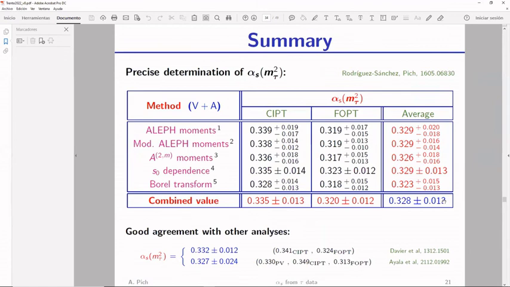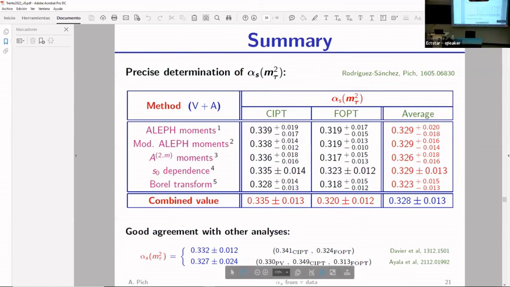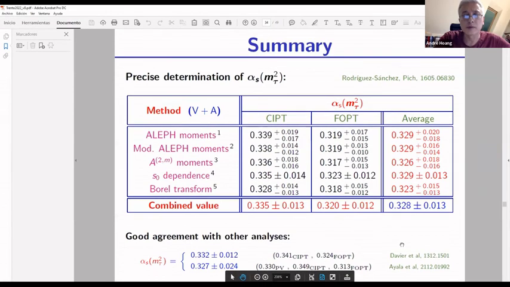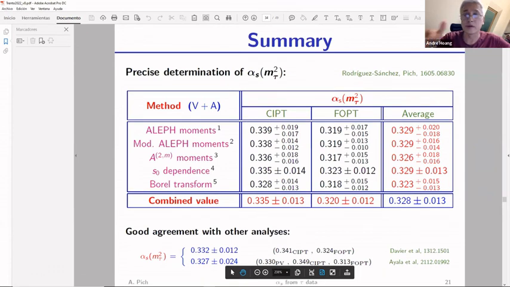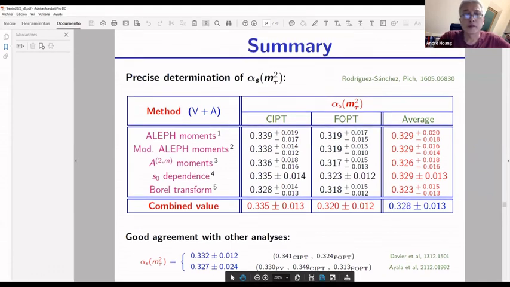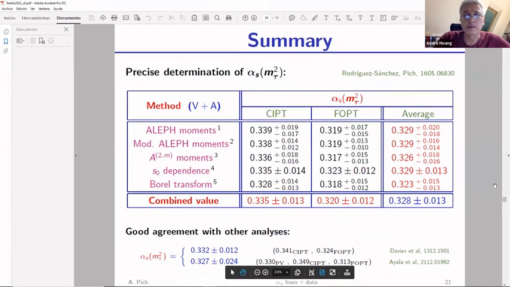Now the actual question I have, Julia: suppose I take moments which are not sensitive to dimension 10 and beyond, and I get small uncertainties. Would you claim that this is an underestimate because of your analysis? Suppose I make my analysis entirely with moments where all OPE terms that need to be included are included, and I get smaller uncertainties for that reason. Would you conclude that I have underestimated my errors?